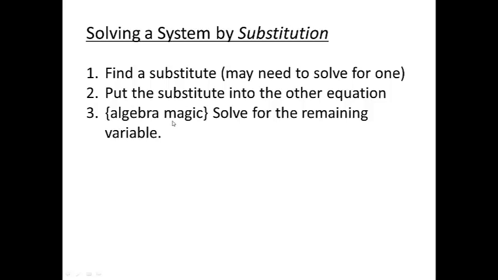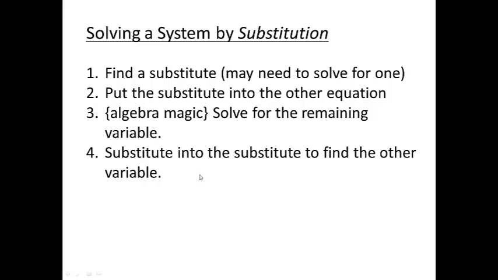Do some algebra magic and solve for the remaining variable, and then substitute into the substitute to find the other variable. So use the answers that you've gotten from step 3 and put them back into the substitute that you got from step 1 to find the other variable.